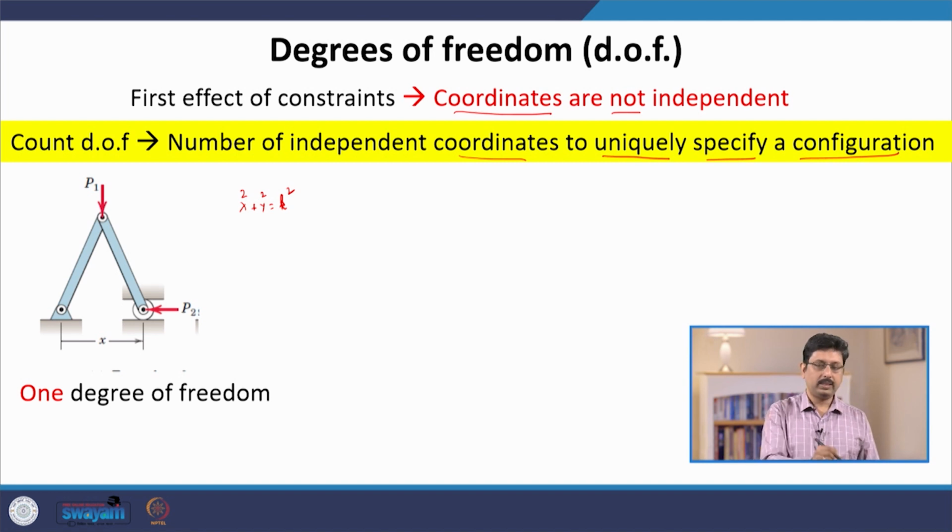Now, how do we describe this configuration? Well, you may say that let us say this point has some coordinates, and this point has some coordinates, and this point has some coordinates. By looking at the picture, it is clear that the z coordinate does not play a role.